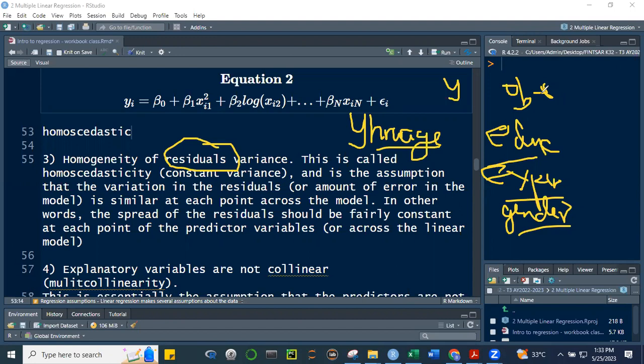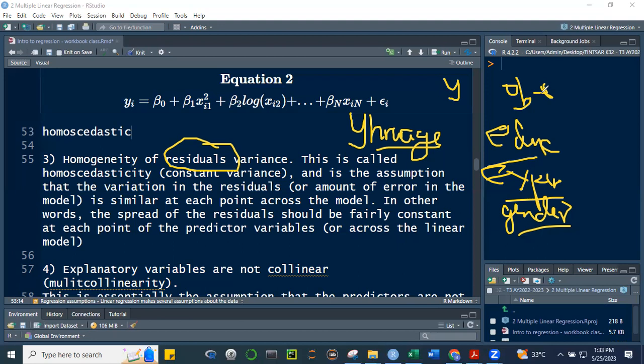We can get the predicted value. For example, respondent number 1 has years of education, experience, and gender. We use those to come up with a predicted Y value based on the parameters.